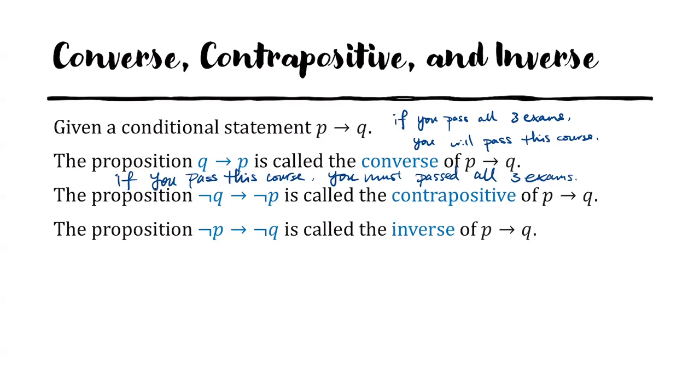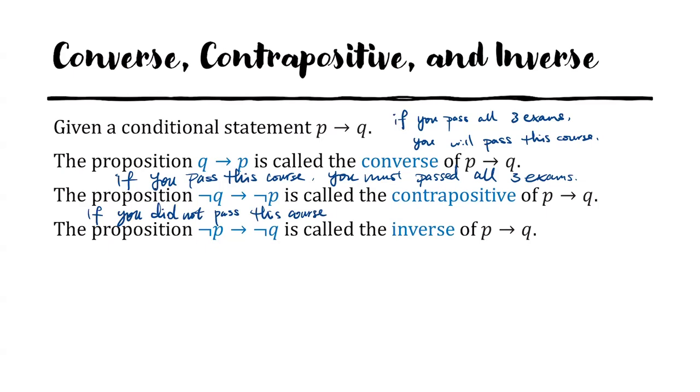So the first one is saying that if you did not pass this course, you did not pass all 3 exams. Right, so you are negating the Q, which you have, if you did not pass this course, right? Because Q means pass this course.